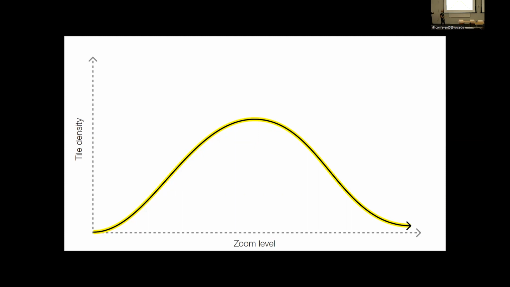When we think about tile sizes, let's talk about why tiles are big and why we're always dealing with this challenge. This is the axiomatic curve of tile density. For any given tile statistic, let's say max tile size or P95, the 95th percentile of tile sizes, you tend to see this kind of pattern where tiles are pretty small at low zooms, get big in the middle at mid zooms, and get small again at high zooms. Why is this?